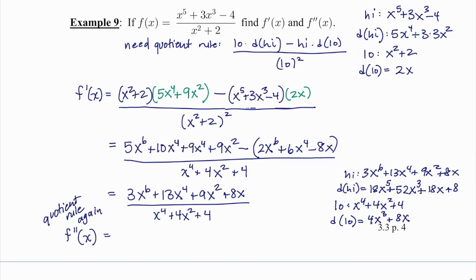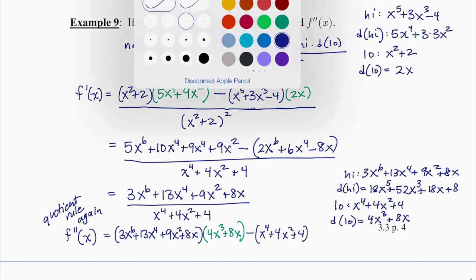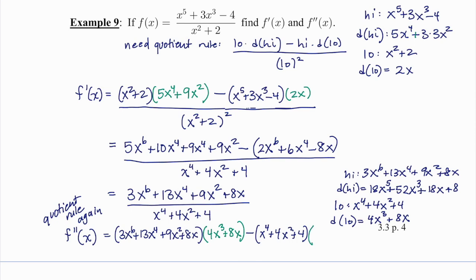Then if we put those pieces together, we have high d low, minus low d high, divided by low squared.